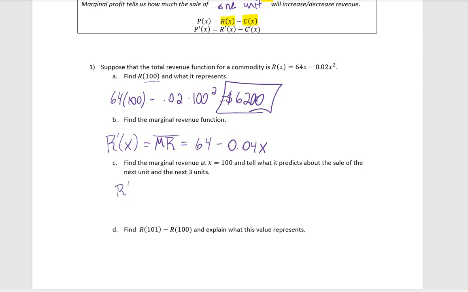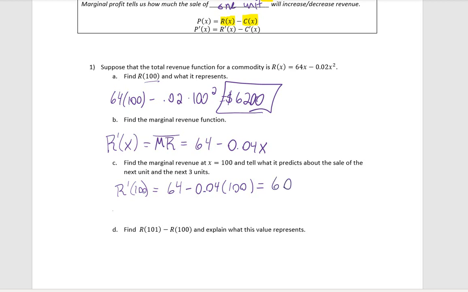So R prime of 100 equals 64 minus 0.04 times 100. That's going to give us 60.